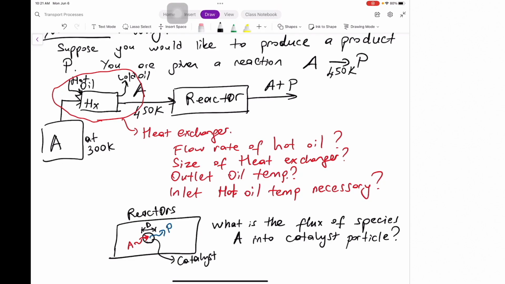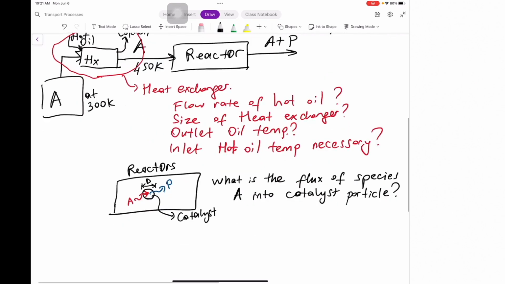Because whatever you're going to produce depends on how much of A is actually entering into the catalyst particle. So you should be able to model the rate of flux, or the flux of A into the catalyst.